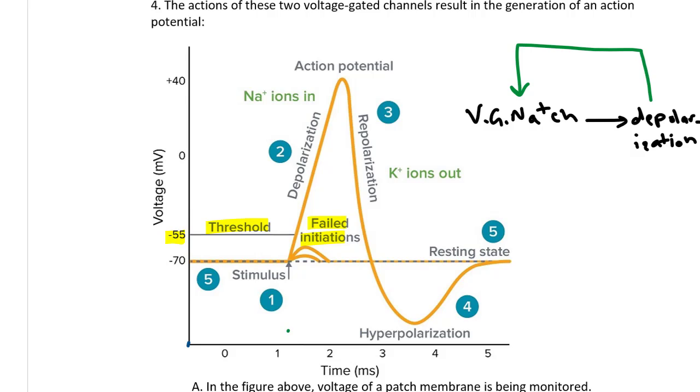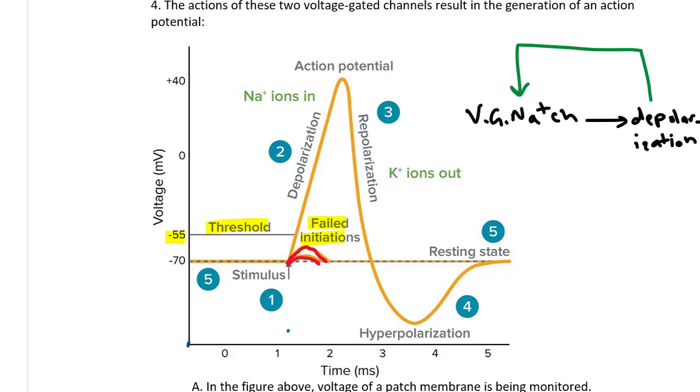So, if this membrane potential increases enough, what will happen is you have enough positive feedback loop for more voltage-gated sodium channels to open up to get past this threshold and depolarize the membrane more and initiate an action potential. Otherwise, what will happen is you will have this initial depolarization, but it's not enough to lead to more voltage-gated sodium channels to go to the open state. And it will be a failed initiation, and the action potential won't be generated.